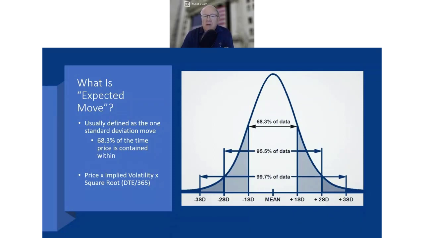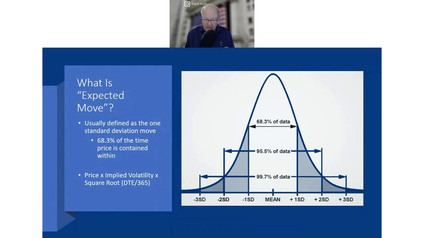In most of our trades on a day in, day out basis, we work in that 68.3% of that one standard deviation move, and we can round it off to 70. And all that means is that 70% of the time we anticipate price to stay within that range, either plus or minus one standard deviation.